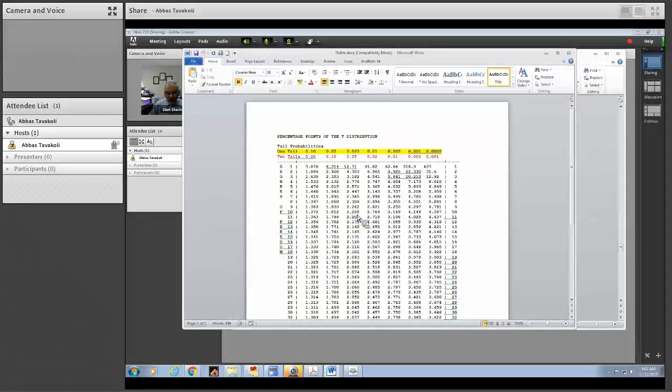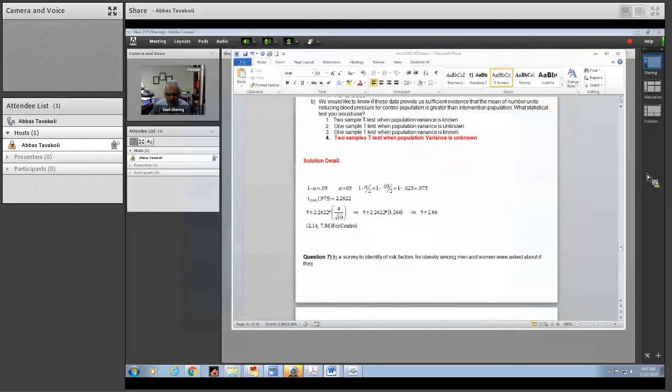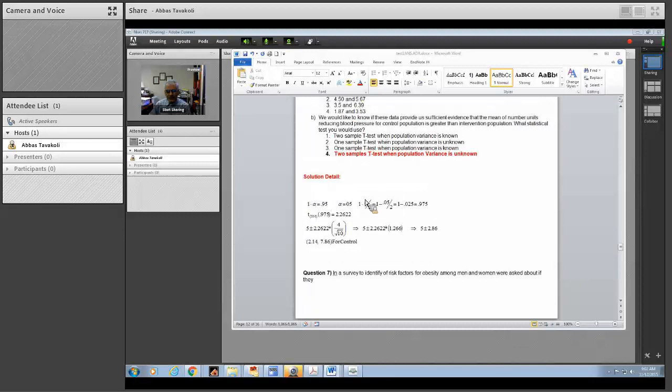And for 0.05 for 2 tail, you have 2.262. So that's the value I find. That's my reliability coefficient. Then I add 5 as my mean, plus or minus my standard deviation 4 over square root 10. You simplify, you get 2.14 and 7.86.